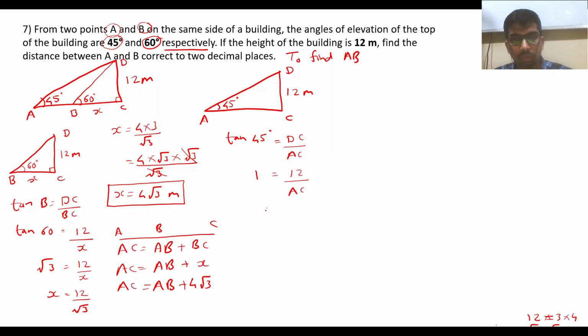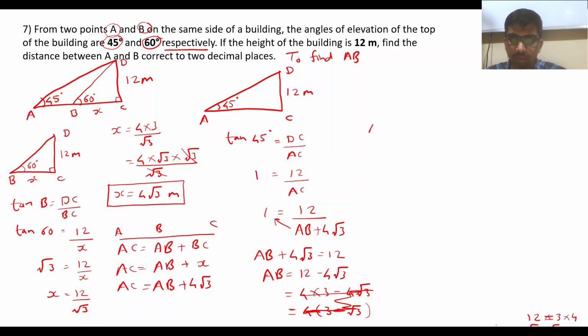So 1 equal to 12 upon AC, right? AB plus 4 √3. This full term will come on the left hand side. तो ये क्या हो जाएगा, AB plus 4 √3 is 12. Bring the number on RHS. So AB will become what? AB will become 12 minus 4 √3. So AB को लिखो as it is as 12 minus 4 √3.